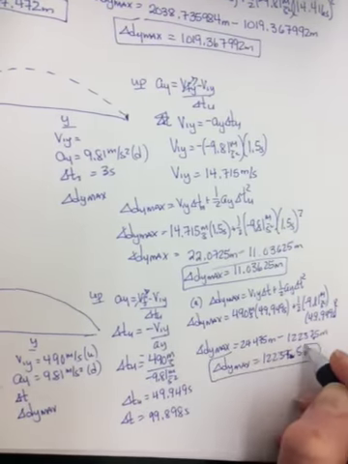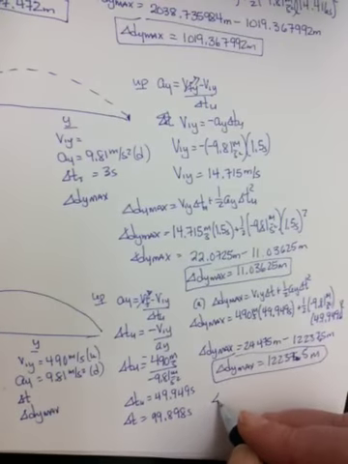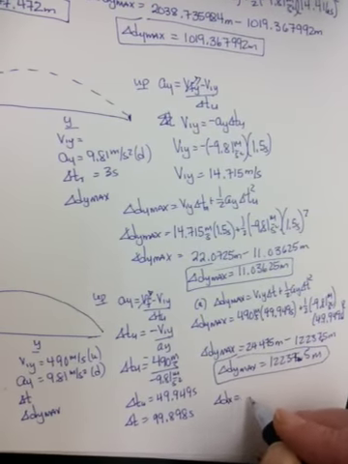Okay, it was in front of the 5 there too. I just didn't notice. And then part B, delta dx.